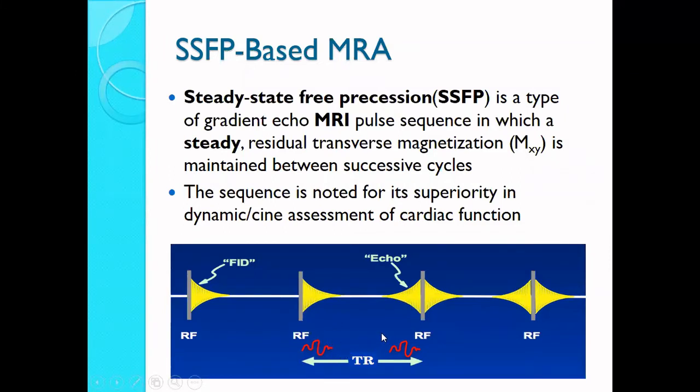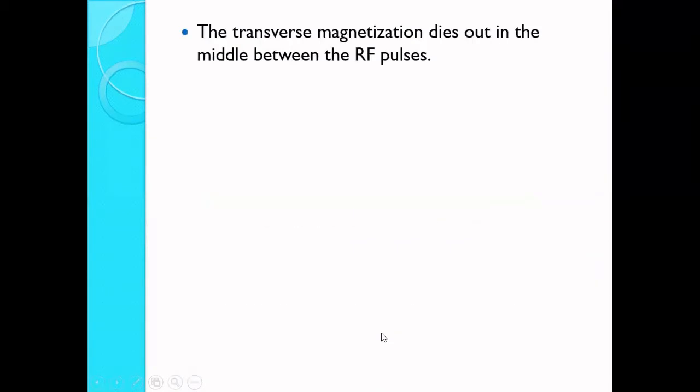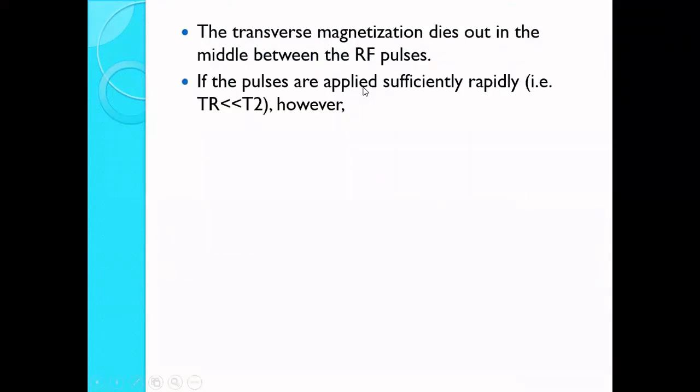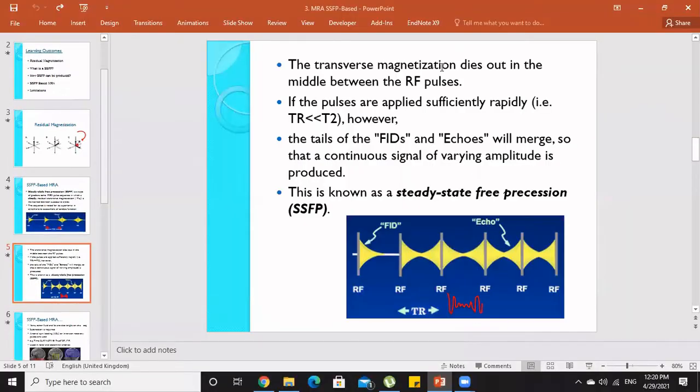They are at a distance from one another. Now the concept comes to this one, that transverse magnetization, excuse me, okay, transverse magnetization dies out in the middle between the RF pulses.